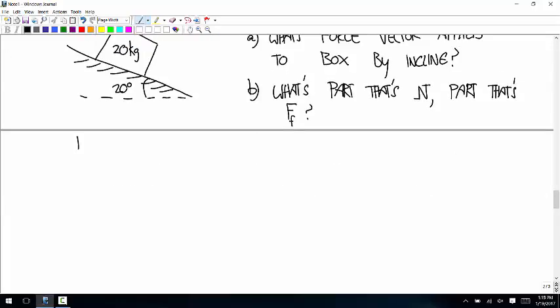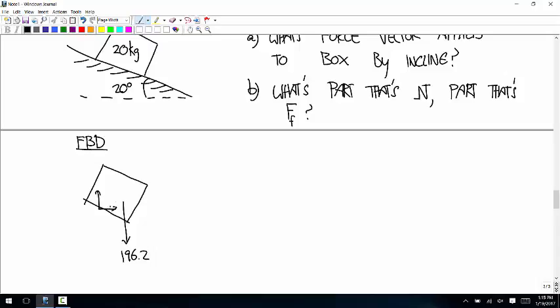Okay, so first, draw a free body diagram of the box. There's a weight of 20 times 9.81. And then the only other place that there's contact with the boundary is at friction contact.